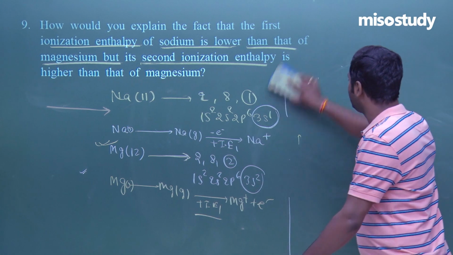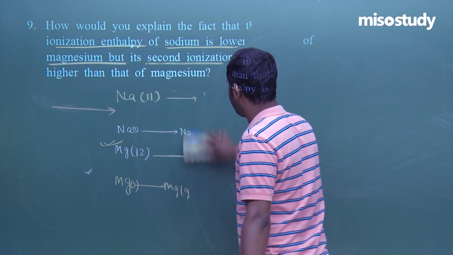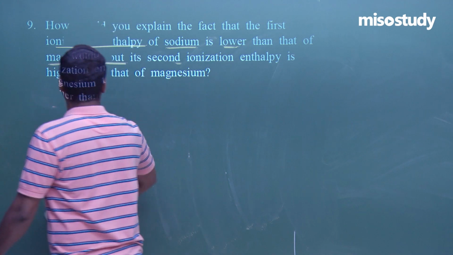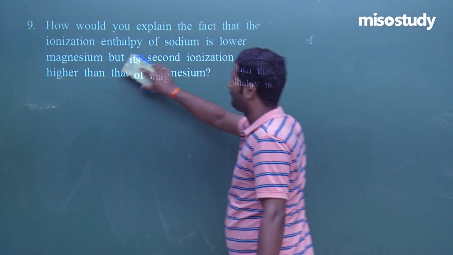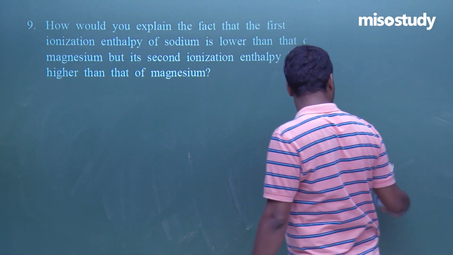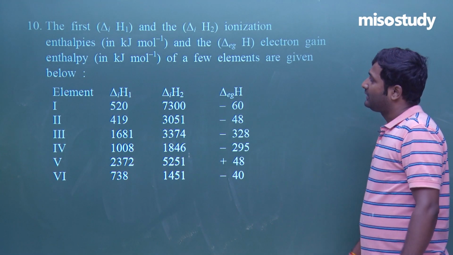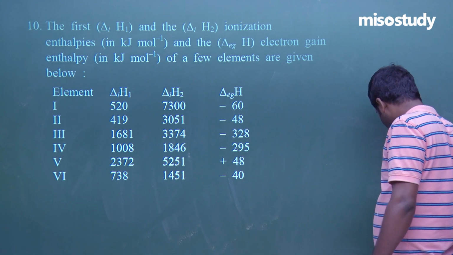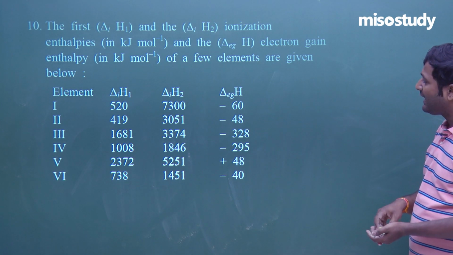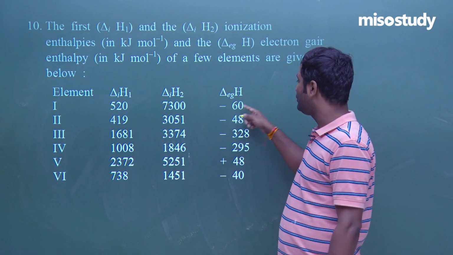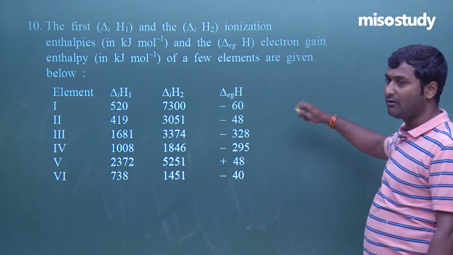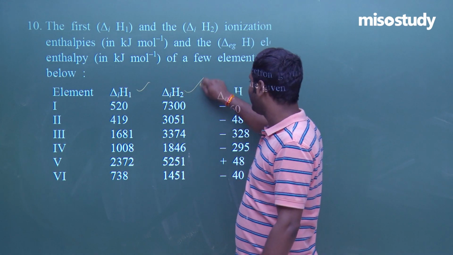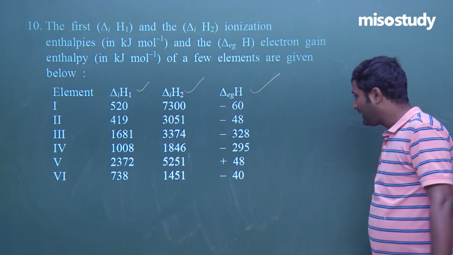Now let's move to the next question. Read the data given here: 520, 7300, minus 60; 419, 3051, and so on. That is the value of first ionization energy, second ionization energy and electron gain enthalpy.